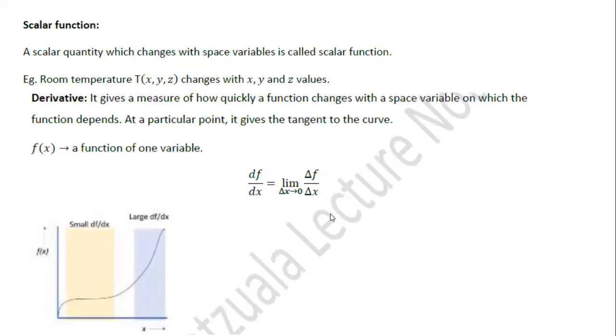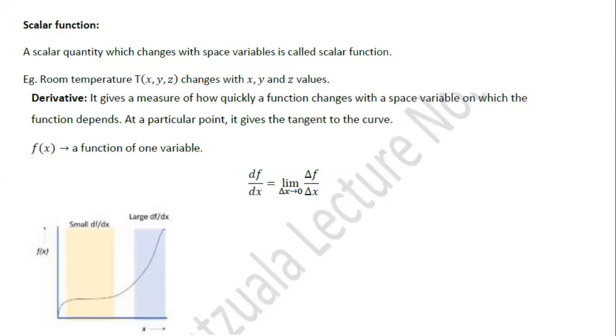So today we will continue our discussion on vector analysis, and we will talk about scalar function and vector function and del operators: gradient, divergence, and curl. I think everybody knows what a scalar function is.